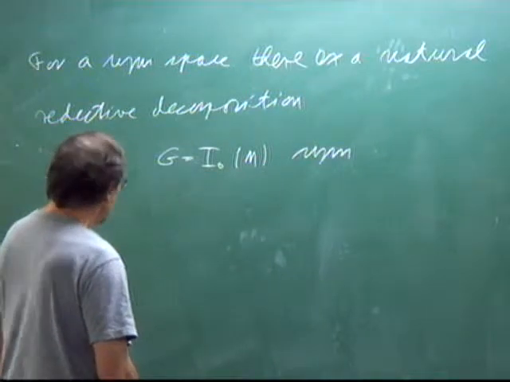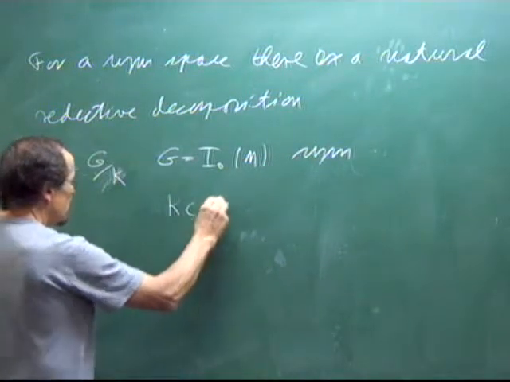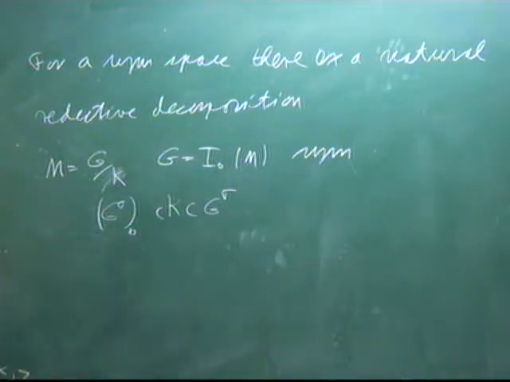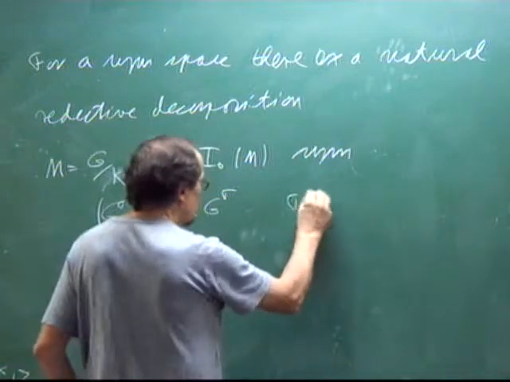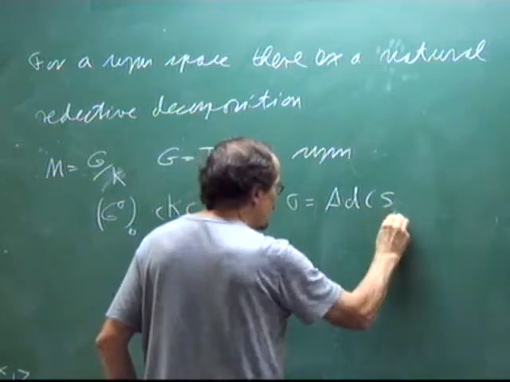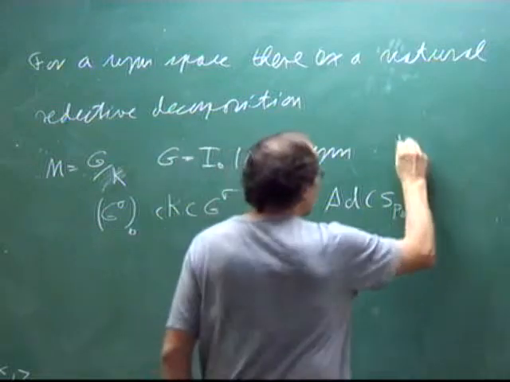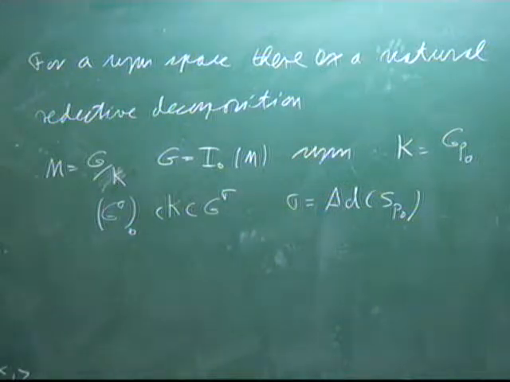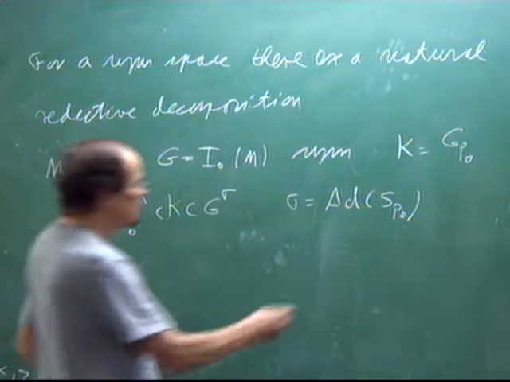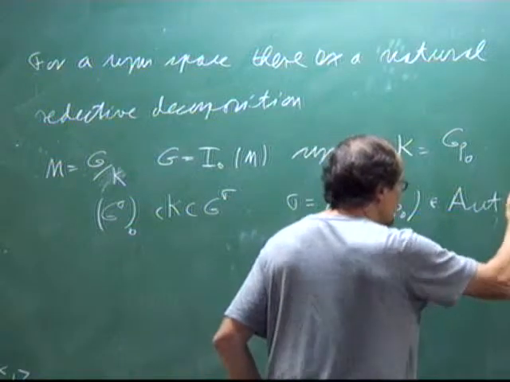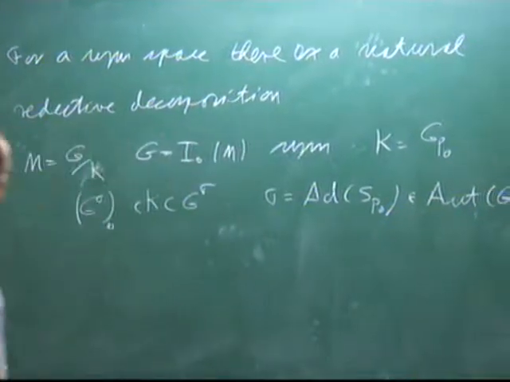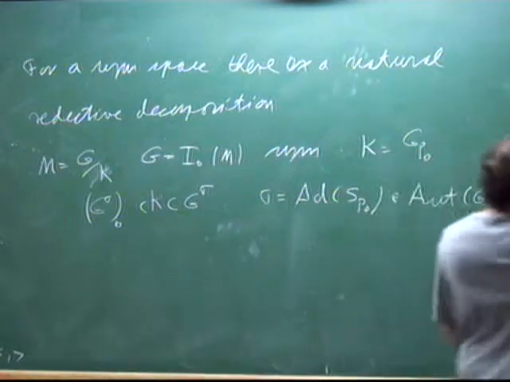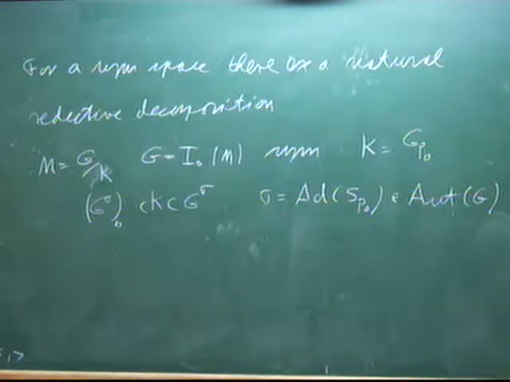Symmetric space. And then K was contained in the stabilizer of an automorphism. So K was a stabilizer at my base point p naught. And then I conjugate with the symmetry at p naught. This was an automorphism of G, an involutive automorphism of G, and then K was in between. So this was what we proved last week. In the setup now, I have a natural reductive decomposition.